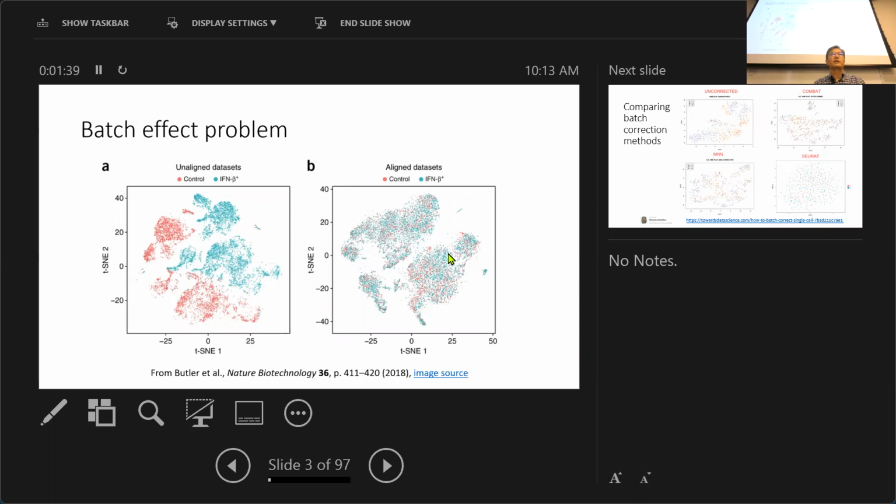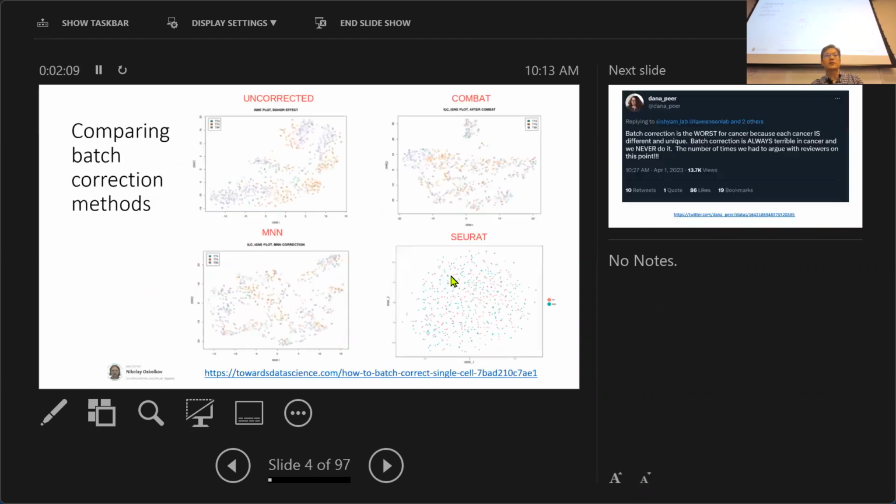Some of this batch effect correction is only based on the embedding. So they change the position of the cells, make them superimpose onto each other, and then you do the clustering, so you put the same cell type from two different batches into the same cluster. So there are two different levels of those. It's called the Harmony algorithm.